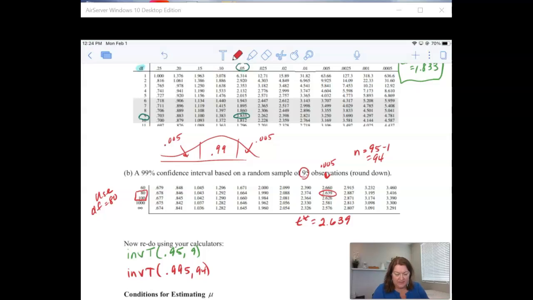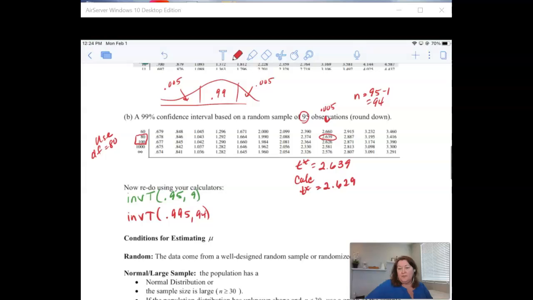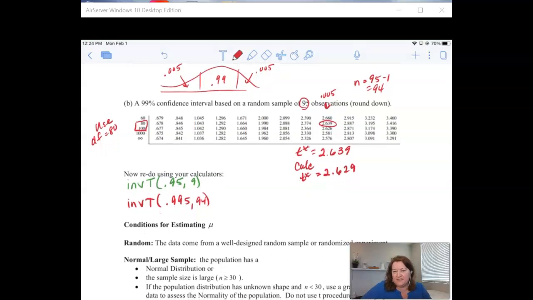When I paste this one, the calculator t-star is going to be 2.629. Notice it's a little bit smaller using a calculator, because the table really wasn't able to give us the 94 exactly. And so we created a t-star that makes the confidence interval a little bit wider. So the 2.639 makes it a little bit wider than the 2.629.